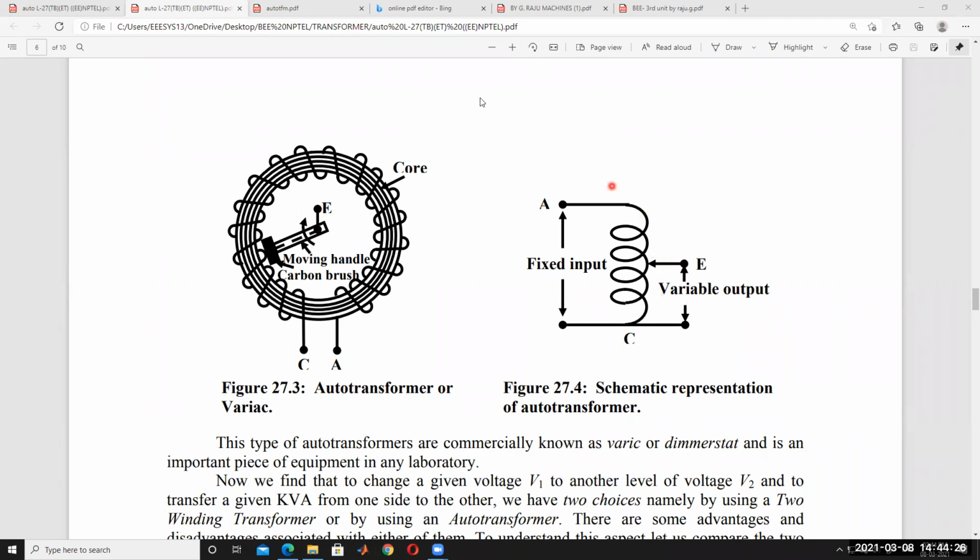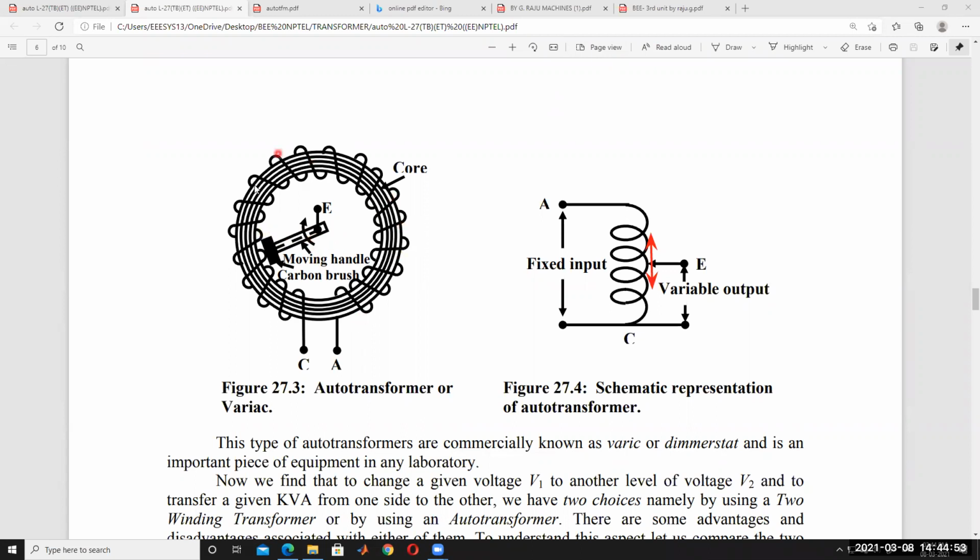By changing the position of E, the output voltage changes across the terminals E and C. In this way, by changing the position of the tapping on the secondary side, we get the output.